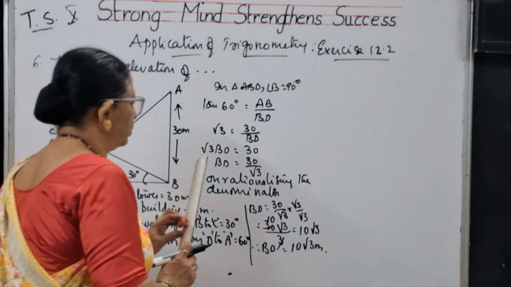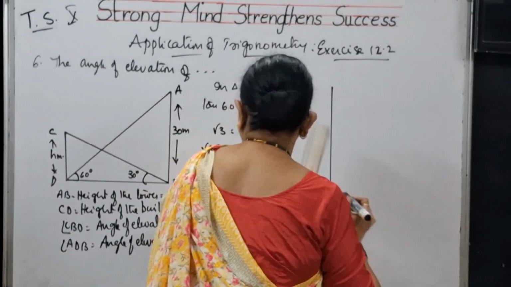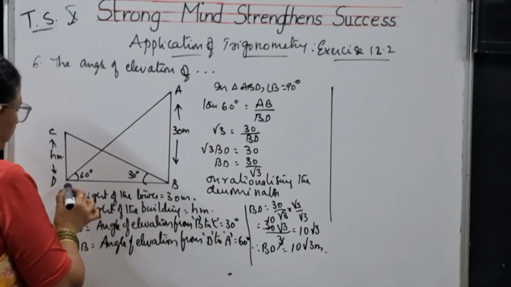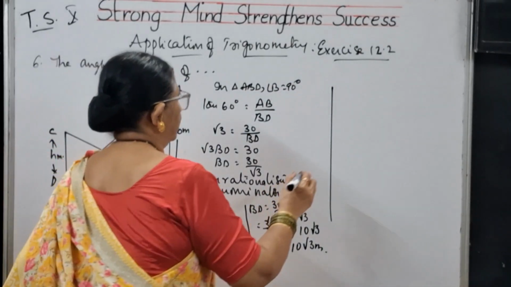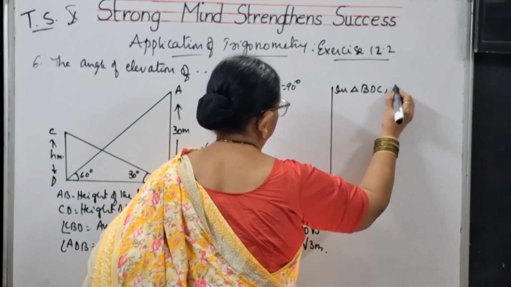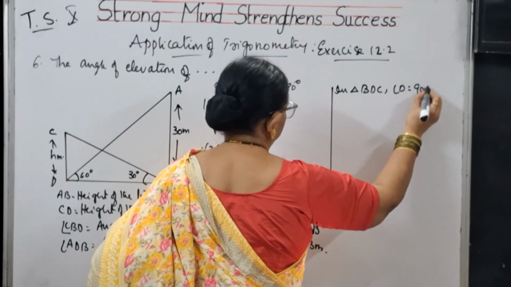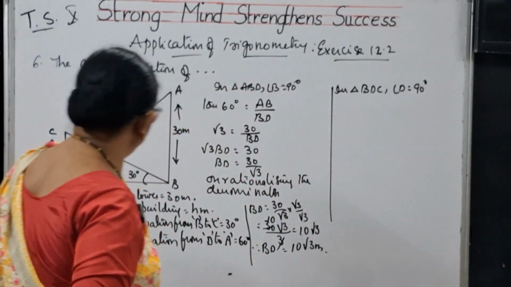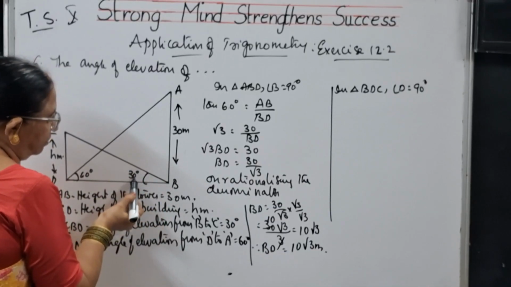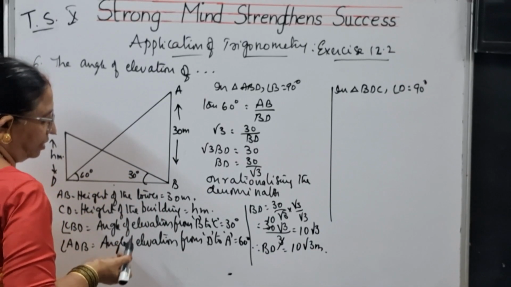Now we will go to the other triangle, that is triangle BDC. So in triangle BDC, angle D is equal to 90 degrees. So when you are talking about triangle BDC, this angle is 30 degrees. Opposite side by adjacent side is tan.